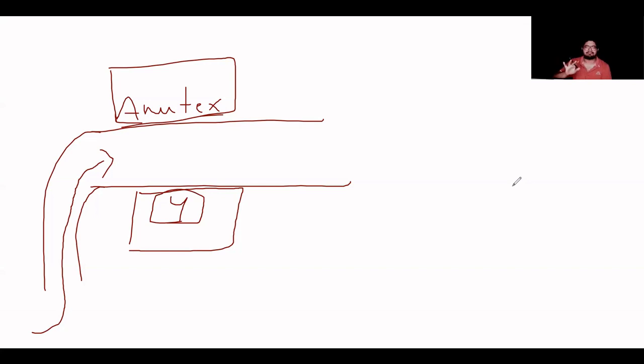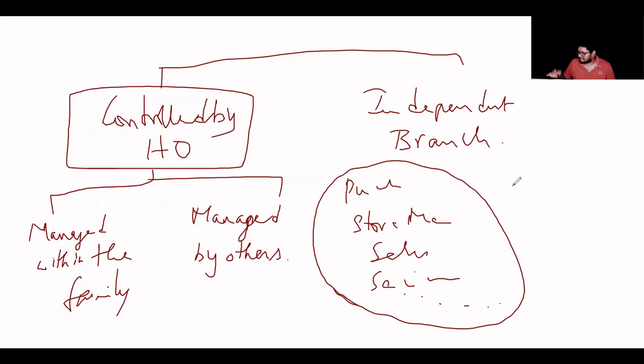Nothing will be seen by him. He will treat the other party just like a debtor, stating that I gave you 10 lakh rupees, how much did you give me back? Simple logic. In such a case, you call it an entity or a branch managed within the family.